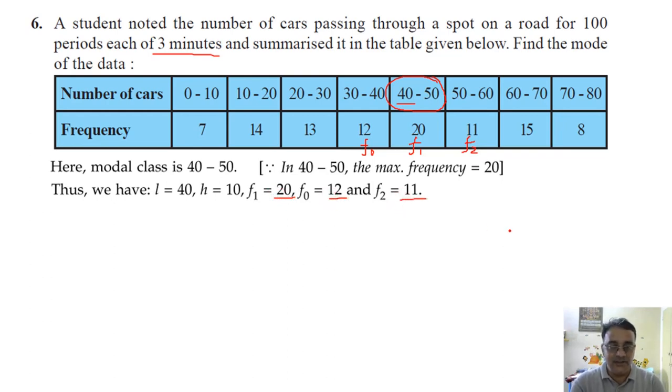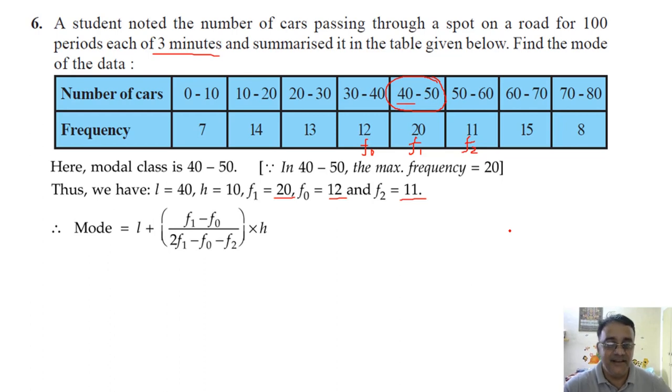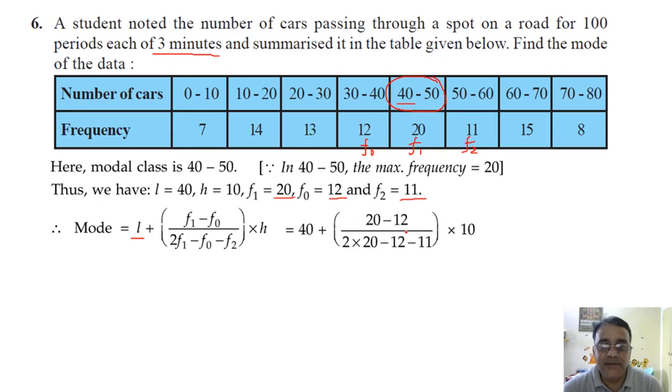After that, what is your next step? Write the formula. Then substitute all the values. So 40 plus (20 minus 12) upon (2 into 20 minus 12 minus 11). So this will become 8. This will become 40 minus 23, into 10. Again 40 minus 23 will become 17.